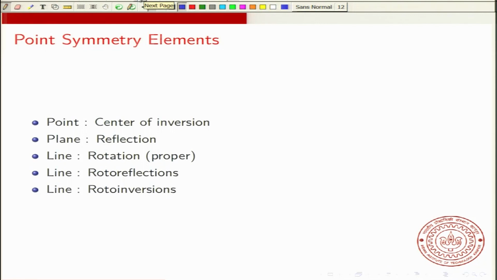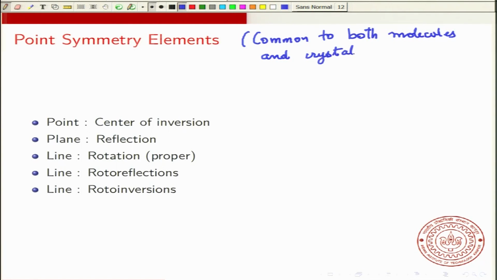So far we have seen the different point symmetry elements, and we remind ourselves that these point symmetry elements are common to both isolated molecules, that means if you just look at the symmetry of a molecule, it will have these point symmetry elements, and crystals, which are essentially an infinite array of atoms.